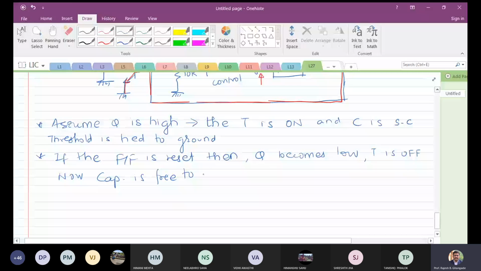All of us know that it depends on this R and C. Now as soon as this voltage reaches a value slightly greater than 2/3 VCC, or 10 volts, what is going to happen?